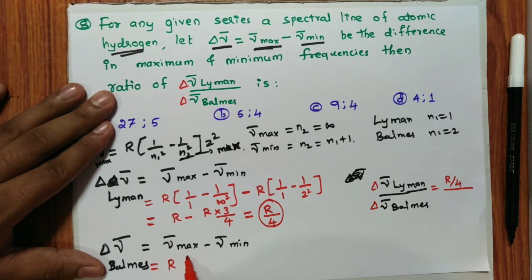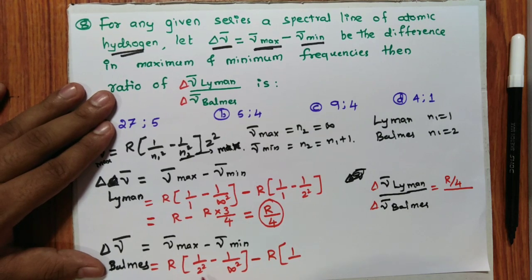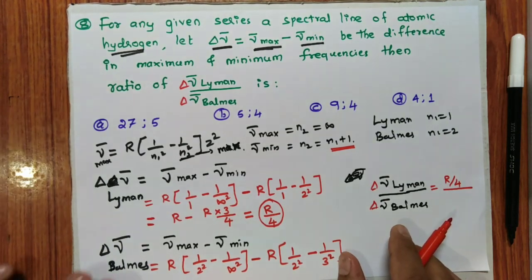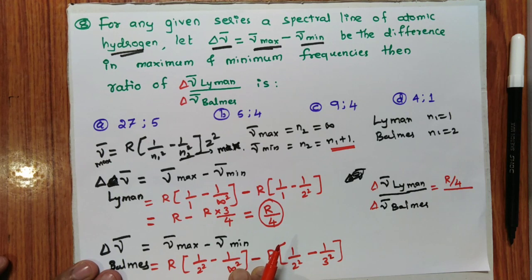So R into 1 by 2 square minus 1 by infinity square, minus nu bar minimum, that is R into 1 by 2 square minus 1 by, the next higher number, N1 plus 1, which means 3. So 1 by 3 square.